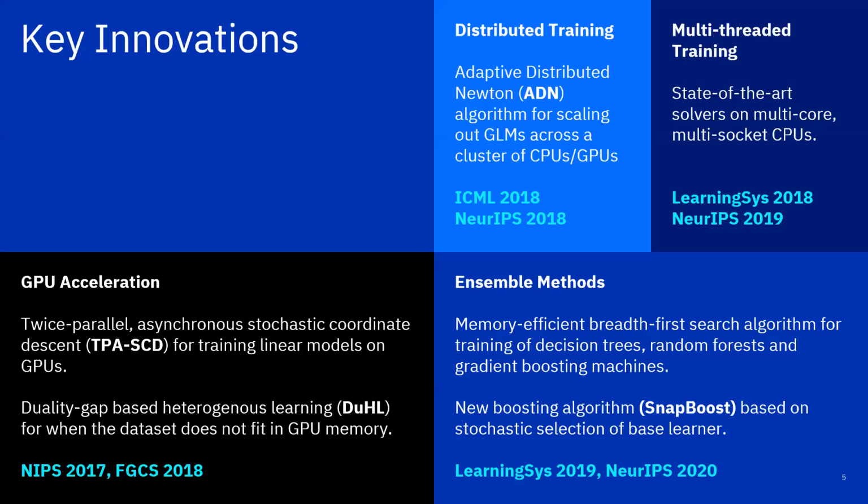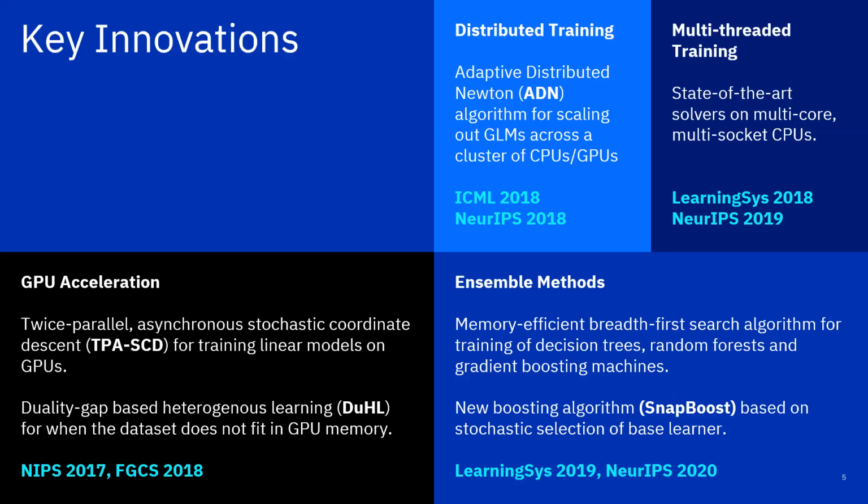Okay, so I would like to talk about the key research innovations behind SnapML. Let me start with the GPU acceleration. That was our focus really in the beginning, on how we can accelerate generalized linear models on GPUs.